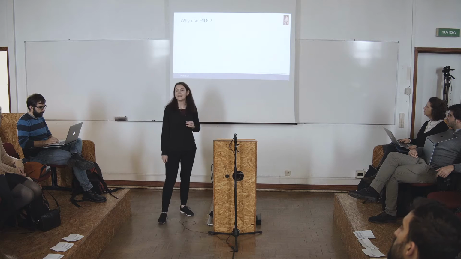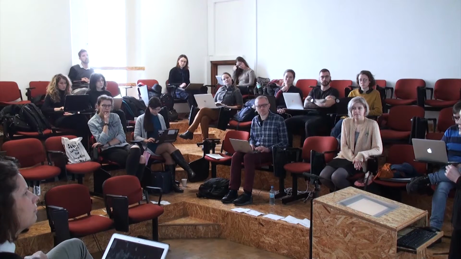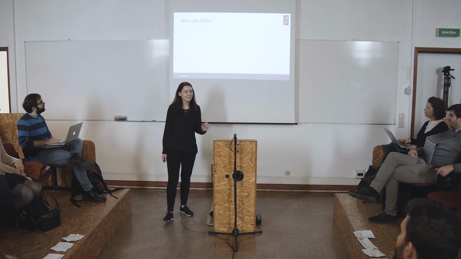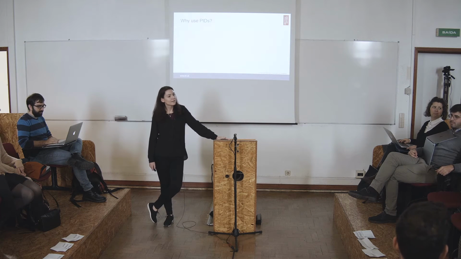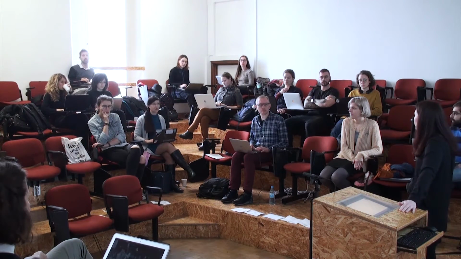Now, why use persistent identifiers? Anyone care to offer any thoughts on this? Because you want persistent references to objects that will last. Yeah. Can anyone think of any other reasons why they might be useful?